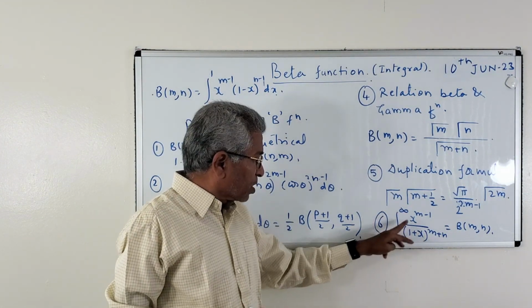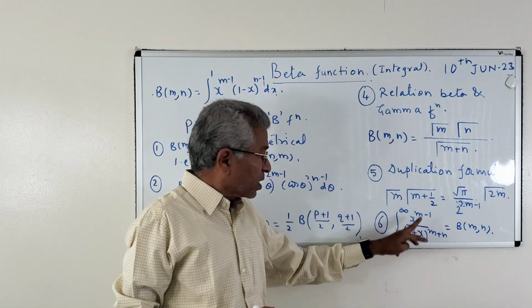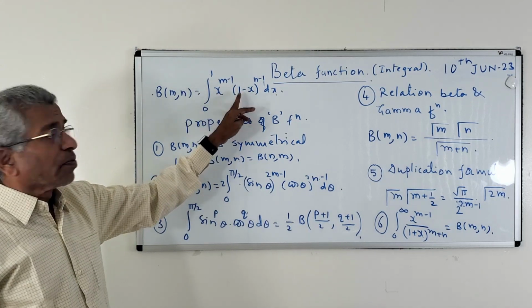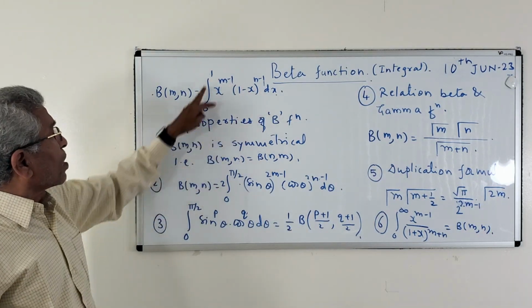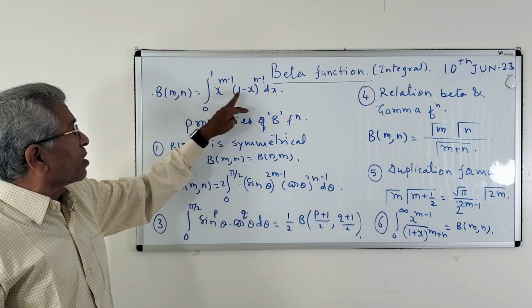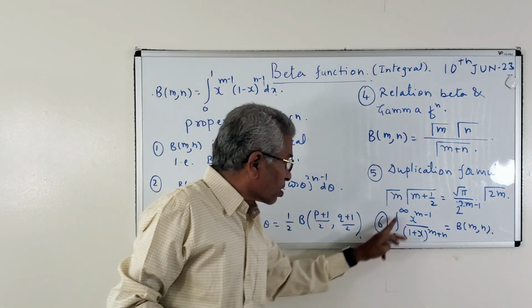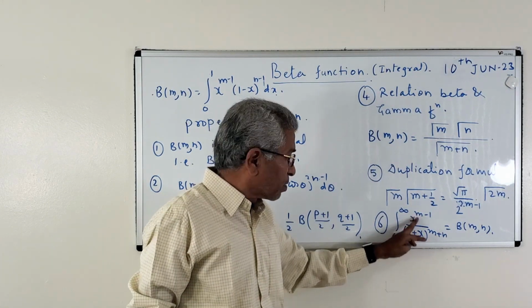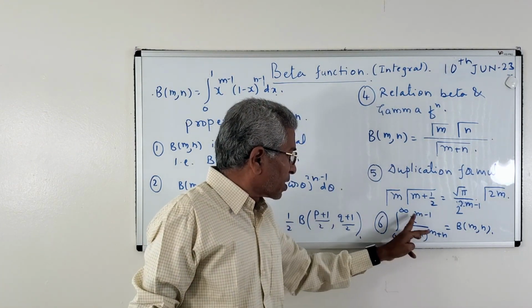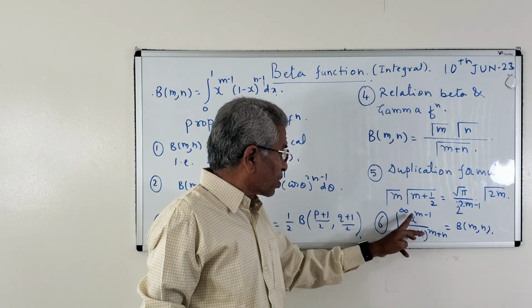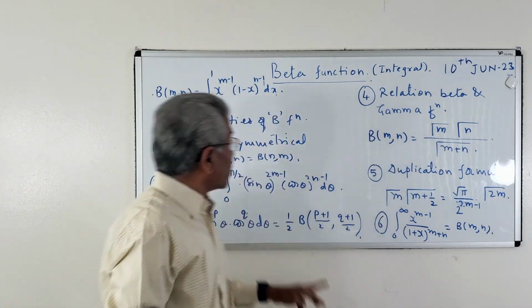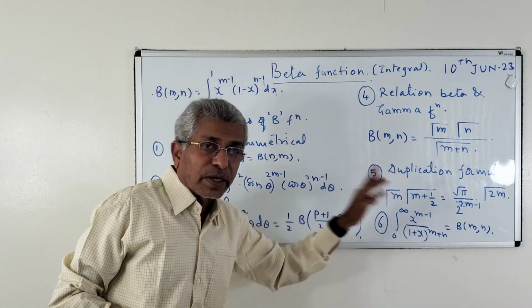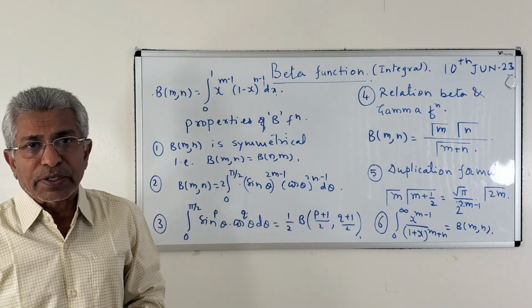So the integrand is the division of x and 1 plus x, and here it is the multiplication of x and 1 minus x with limits 0 and 1. Limits are 0 to infinity, both are algebraic functions, there is a division. So all these are very useful properties from beta function.